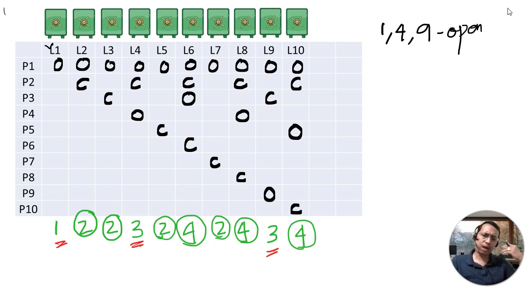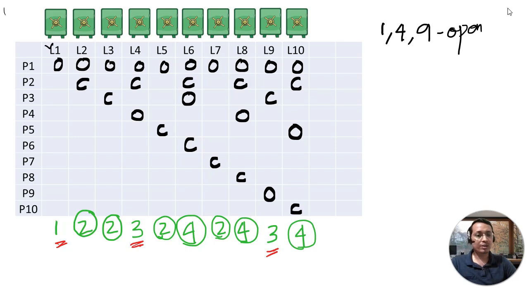Then how do I figure out how many times a locker will be touched? It is based on how many factors that number has. See, so simple. How many factors does 1 have? One has only one factor, right? 1 multiplied by 1 is 1. There is nothing else you can multiply to make it 1. So 1 has only one factor.